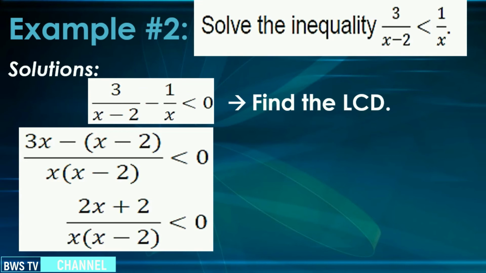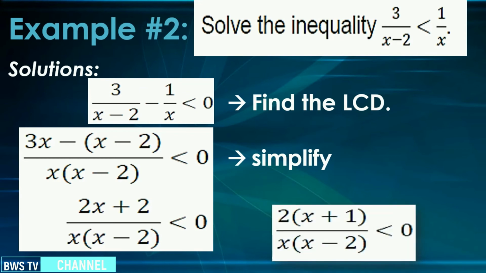Again, there is a parenthesis because the sign will change later. So we need to simplify that one. The final answer will be (2x plus 2) over x times (x minus 2). We need to factor out: 2 times (x plus 1) over x times (x minus 2) less than 0.